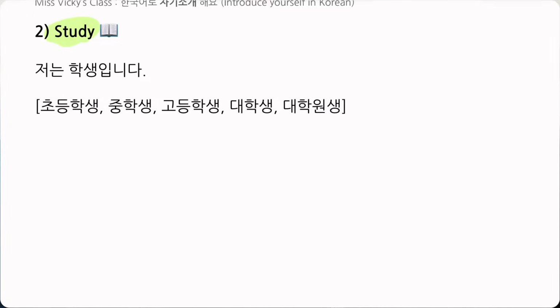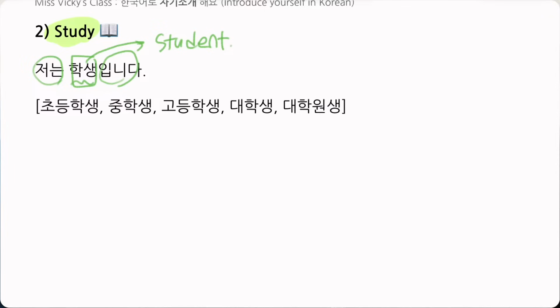If you're a student, you can first start by saying 저는 학생입니다. Basically, I am a 학생, a student. So if you don't want to specify what type of student you are, then you can just say 저는 학생입니다. It would perfectly deliver the fact that you are studying right now.